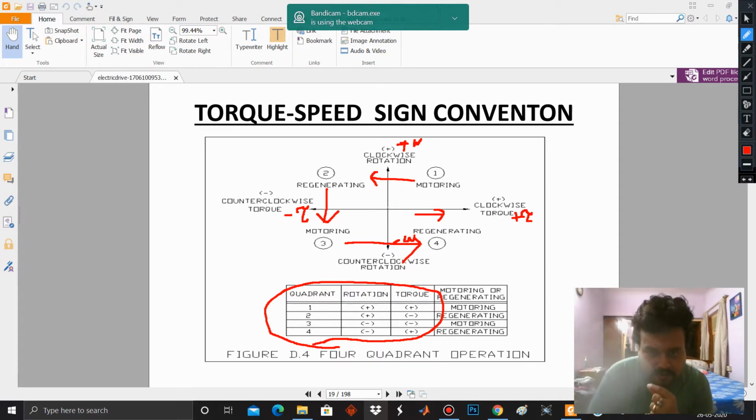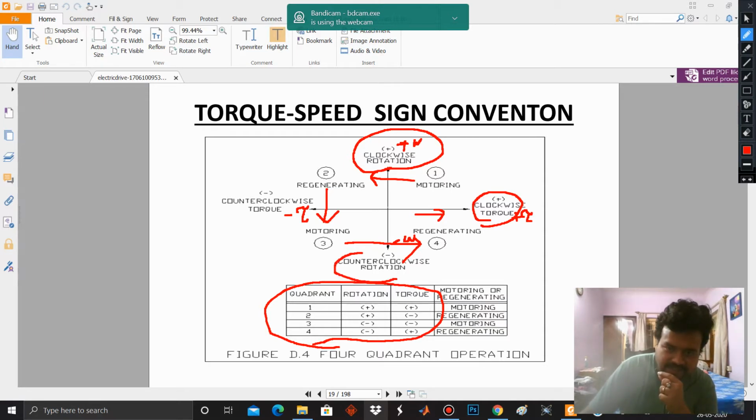Now let us clarify this positive and negative a bit more. Positive speed means clockwise rotation. The positive torque means clockwise rotational force.